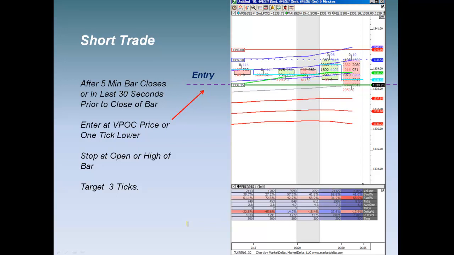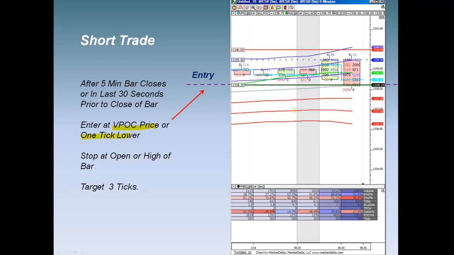And our strategy gives us very clear, concise, and precise points of entry, and they're very important rules that you should always follow. First, let's take a look at the location of the entry. Well, you want to enter, since this is a short trade, at the volume POC price or one tick lower. Now, why is that?